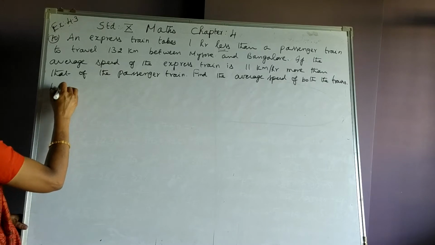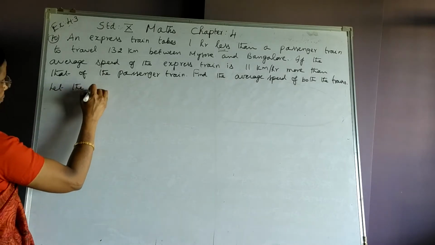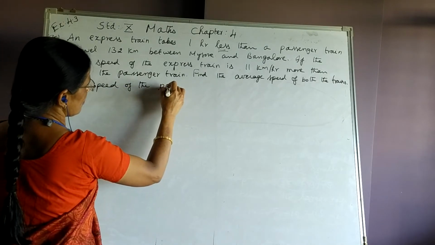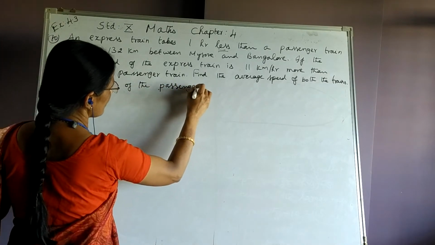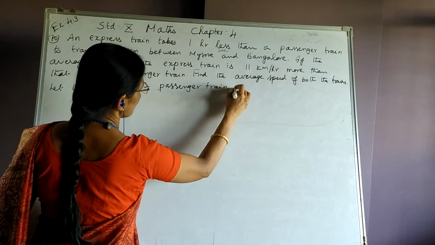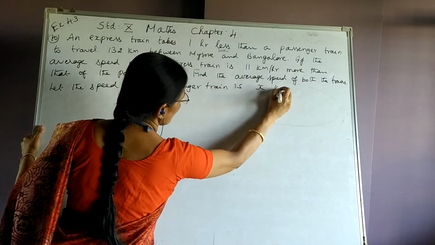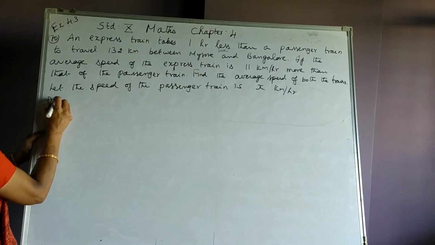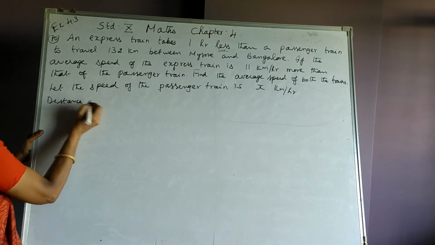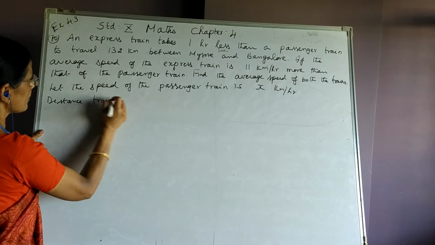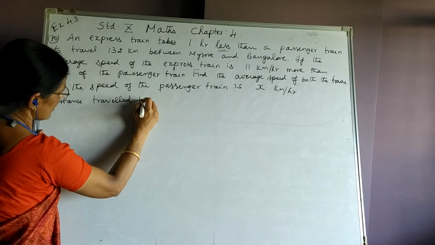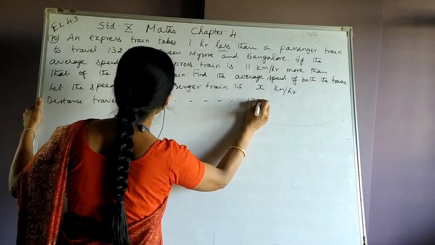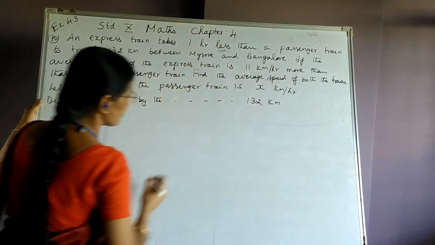I take, let the speed of the passenger train be x km per hour. Distance traveled by the passenger train is 132 km.